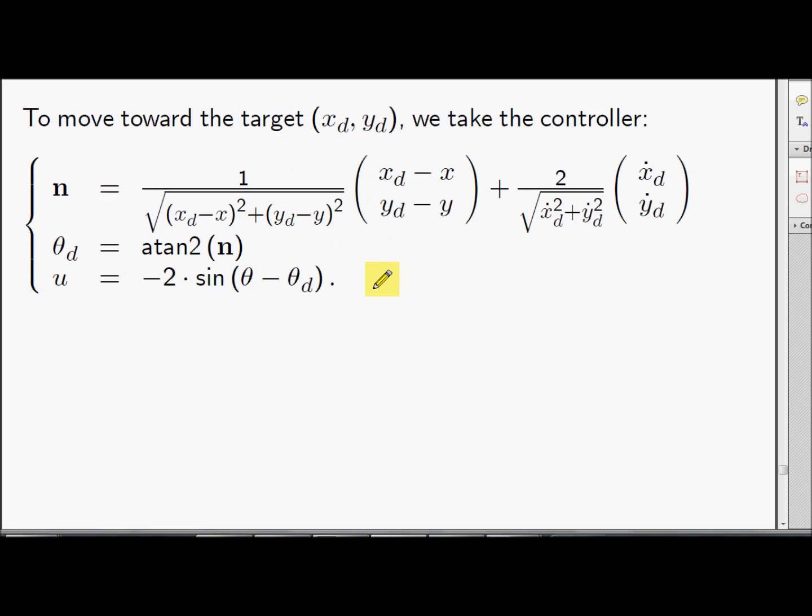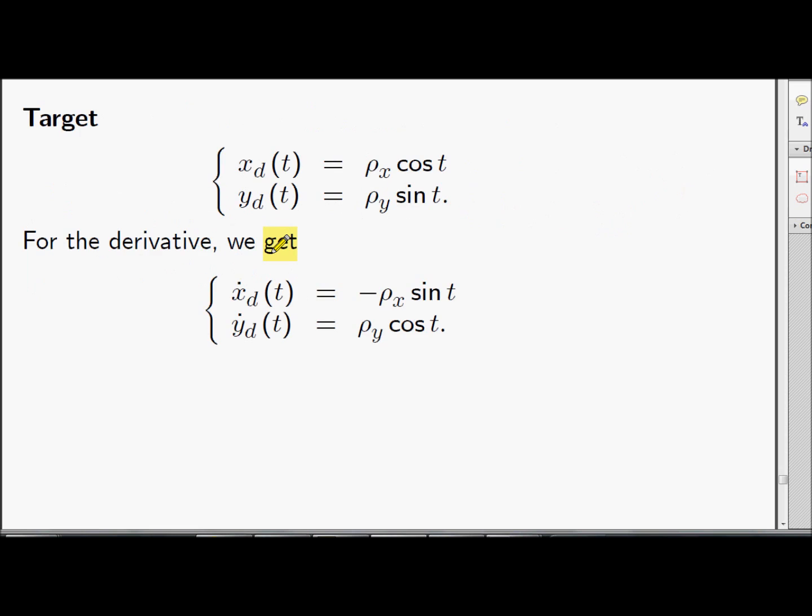I take the following controller, which tells me that I have a desired heading, and so to follow a trajectory like this one. This is the target. I want to follow a given target. I have to compute the derivatives in order to obtain some analytical expression for the crossout condition.